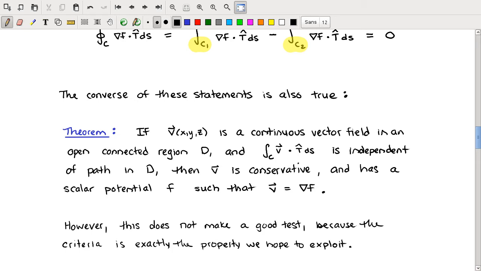This is basically the converse of what we just demonstrated. We demonstrated that if a vector field is conservative, then the line integrals are independent of path. It's not necessarily true that the opposite statement is true, but in fact it is. There's a theorem to that effect that's described in the book that we won't repeat here.